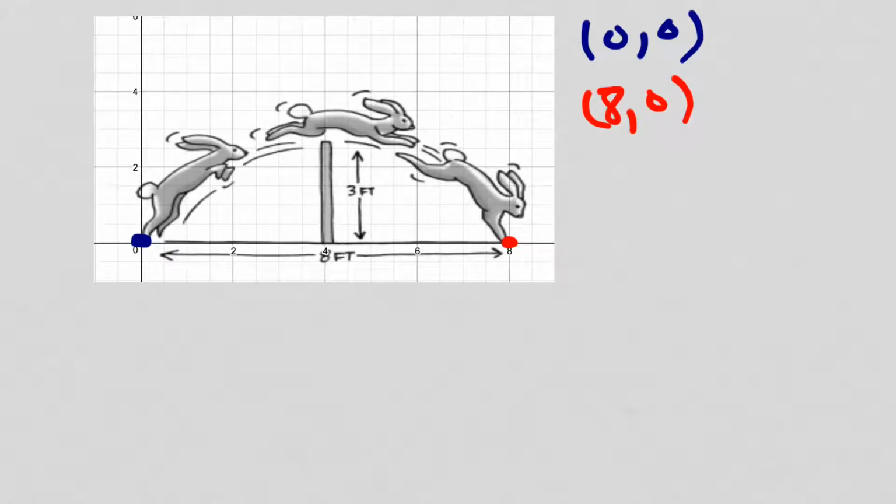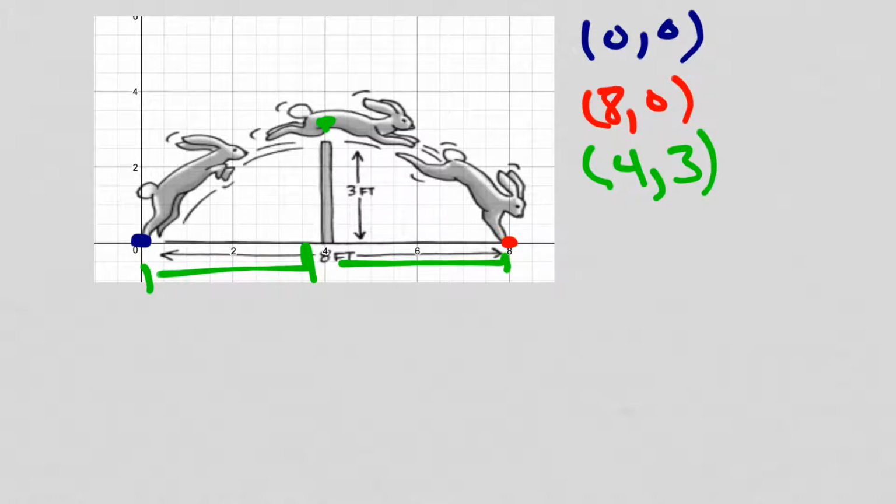The highest point of the jump, I think we said that was at 4, 3. 4 being exactly halfway between 0 and 8. So we have that halfway point there.